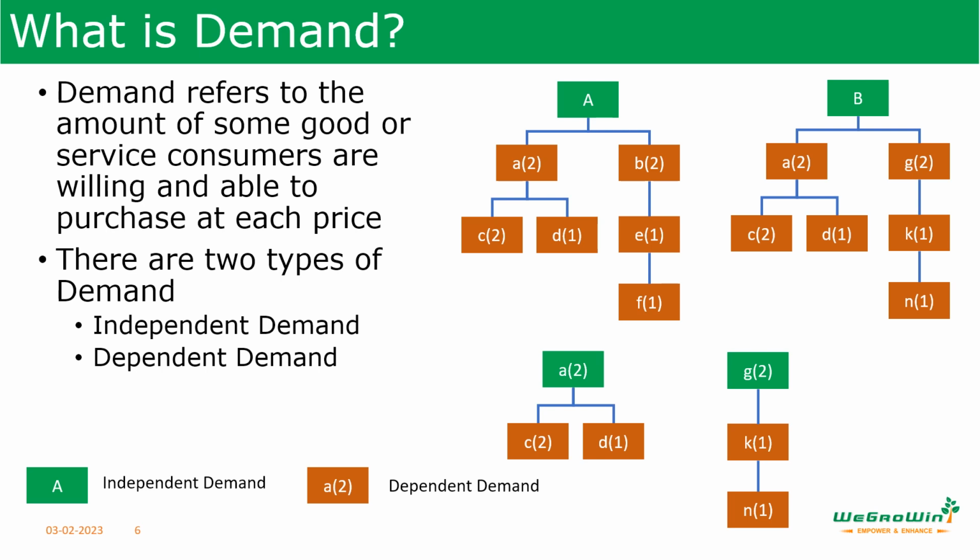Now, what are the things used to produce K and N? They become dependent demand. So it is not defined by the material whether it is a dependent or independent demand. It is decided by whether it is required by the market directly. That is called independent demand. If it is used in another product, it becomes dependent demand, right? So the same material may be a dependent demand or it may be an independent demand also.